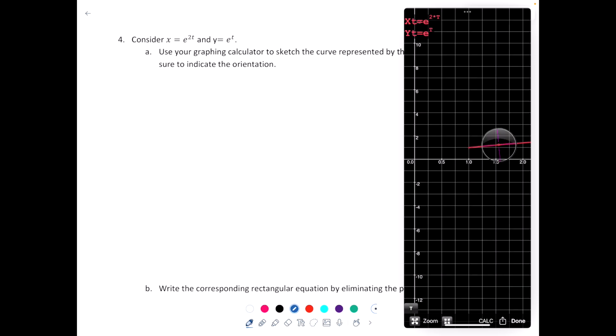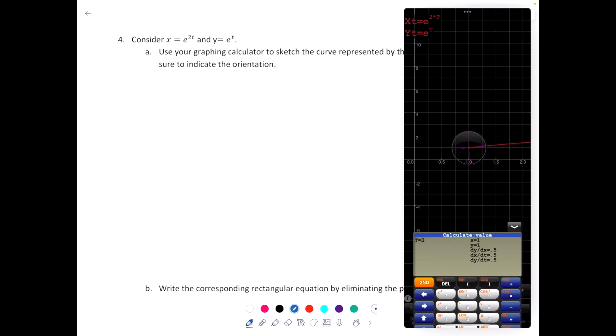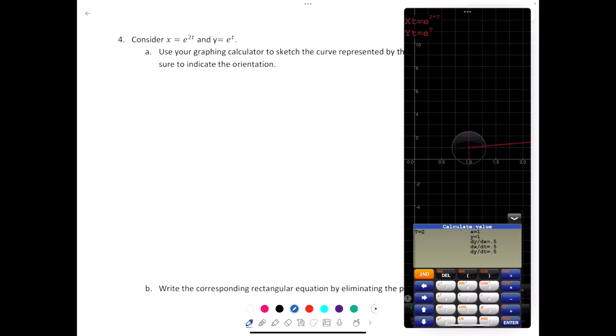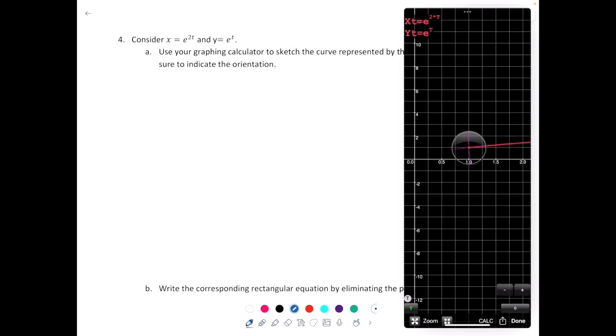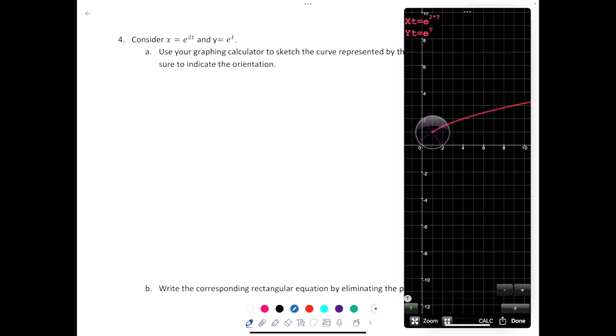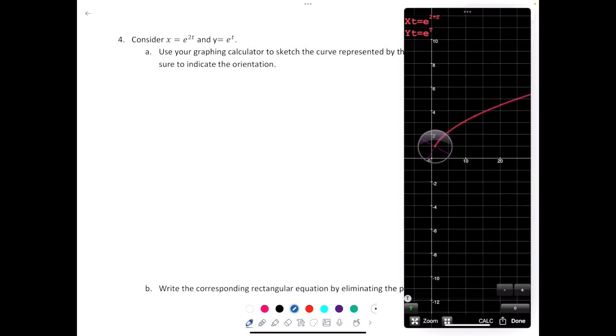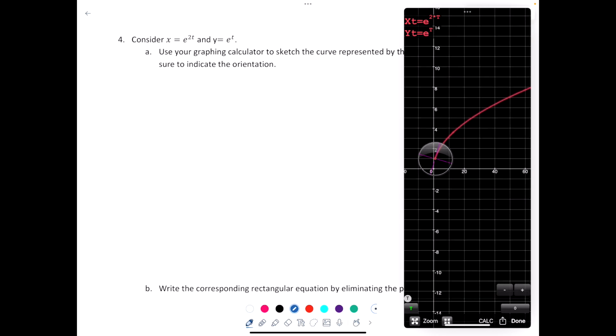So let's see what we have going on for t. If I go to calculate, this is what happens when t is equal to 0, all right? And let's just take a look at what our graph will look like.